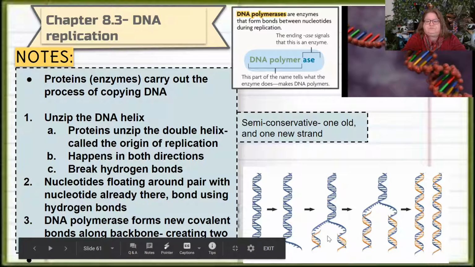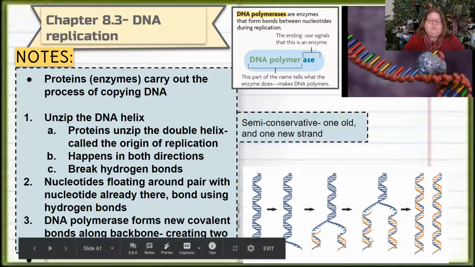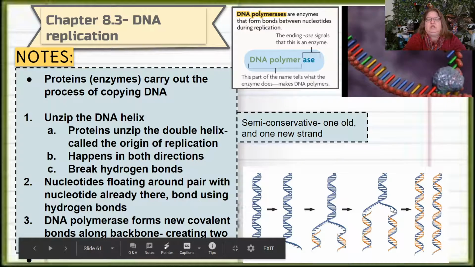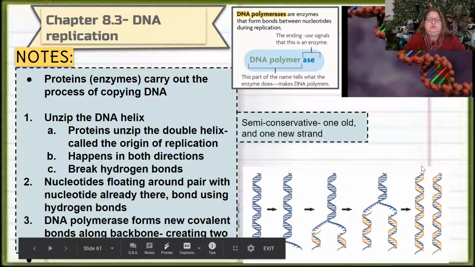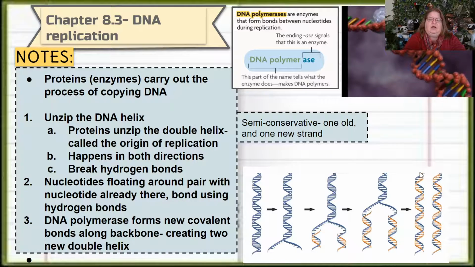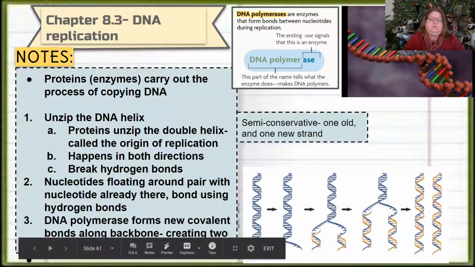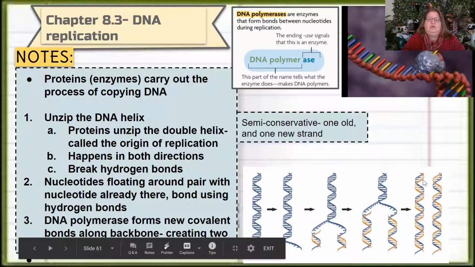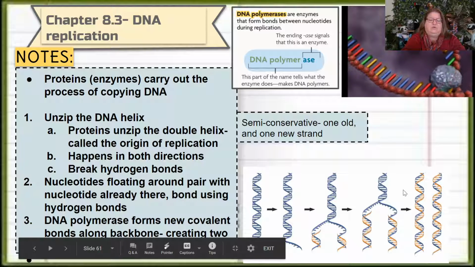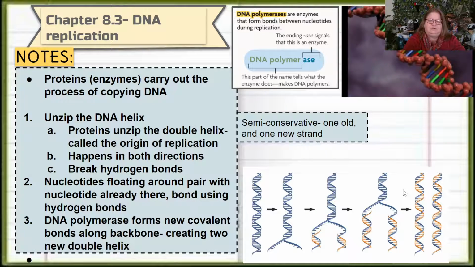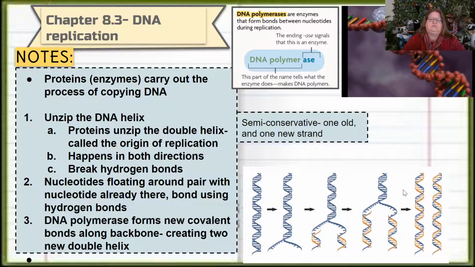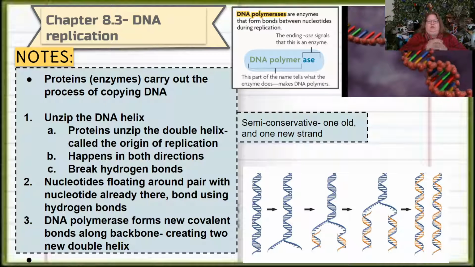And as we do that, they're using the yellow to represent the new strands. What you'd end up having is two new double helix molecules, each one with one original purple strand and one new yellow. Now, of course, they're not different colors, but you understand they're just making a color coding.